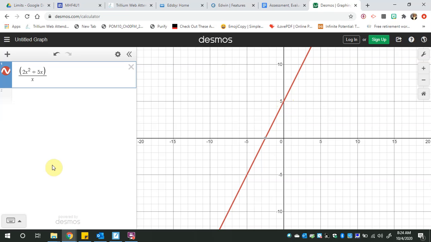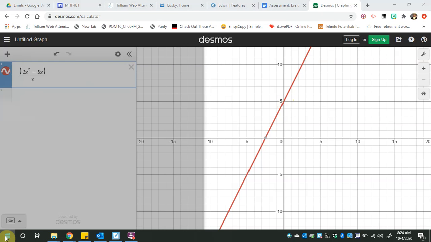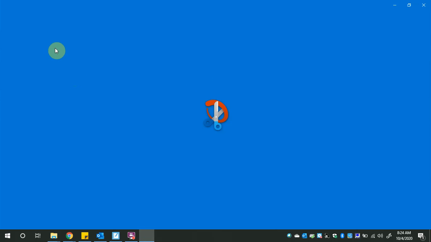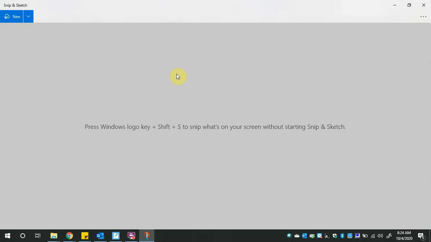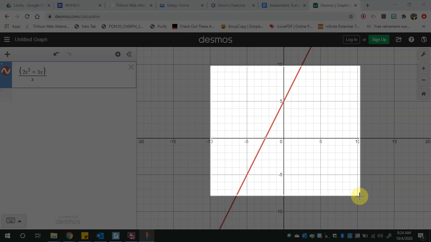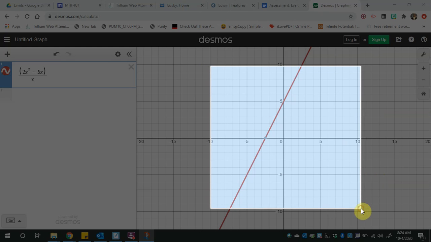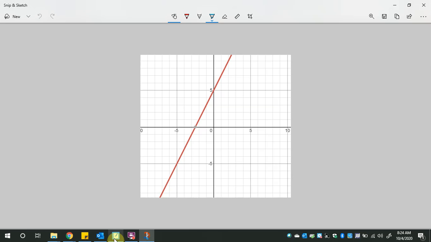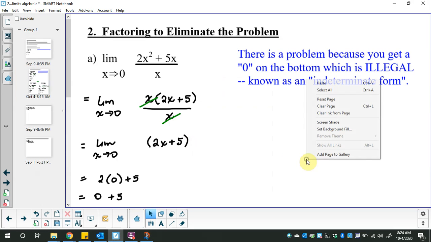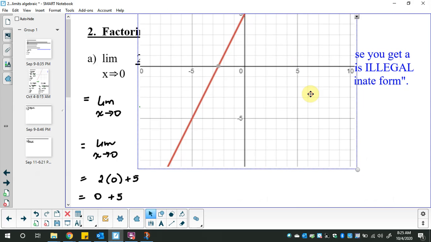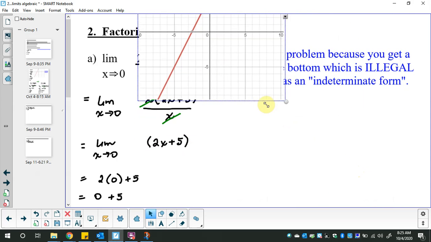So when I cut and paste this picture onto your little note, I can't leave it as it is. I'm going to have to, first of all, scale it back so it's not covering everything.